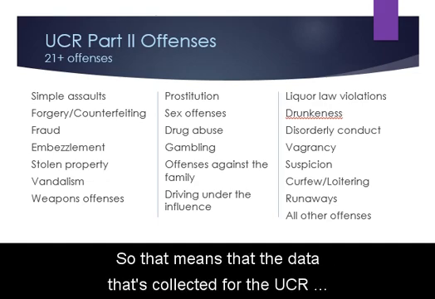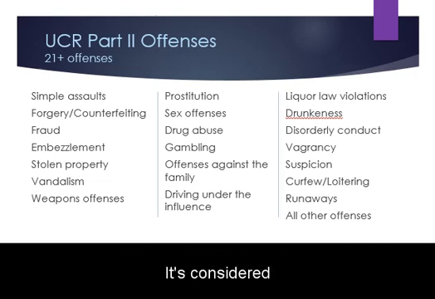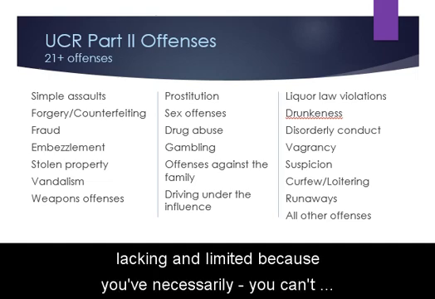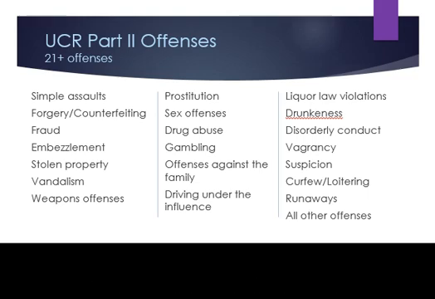So that means that the data collected for the UCR is fairly incomplete on these types of offenses, and so it's considered lacking and limited because you can't necessarily compile accurate information for all of these crimes.